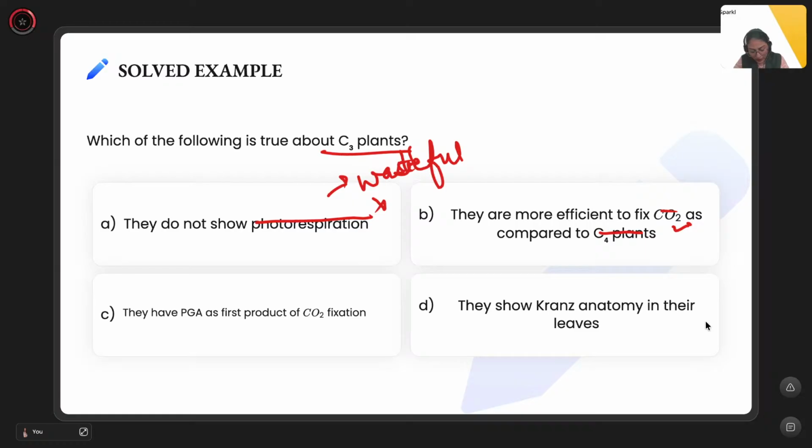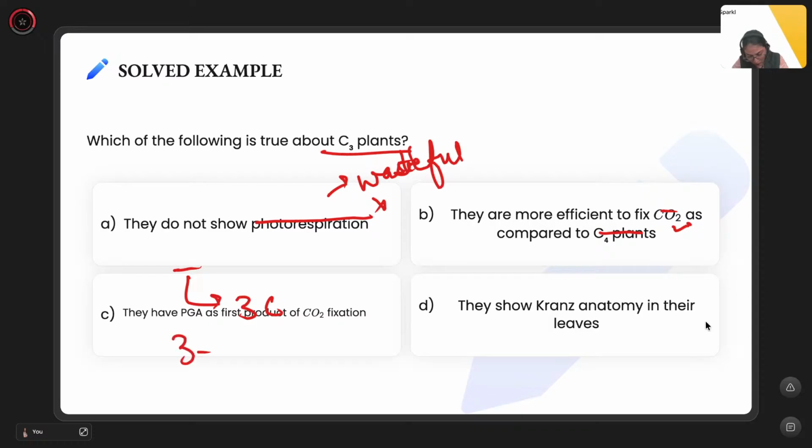Option C says they have PGA as the first product of carbon fixation. In C3 plants, beta, if you see the Calvin cycle, there are 3 steps: carboxylation, reduction and regeneration. Now the first stable product formed is a 3 carbon compound, that's why the name C3 cycle. And what is PGA? What's the full form of PGA?